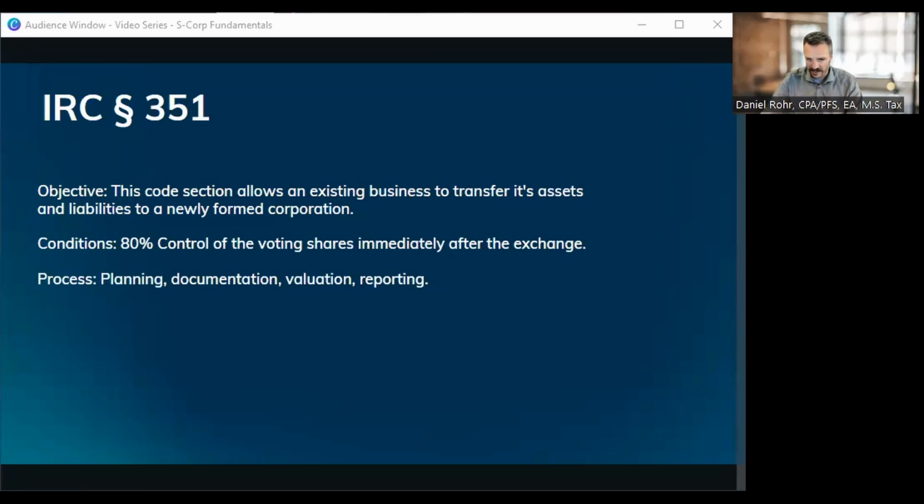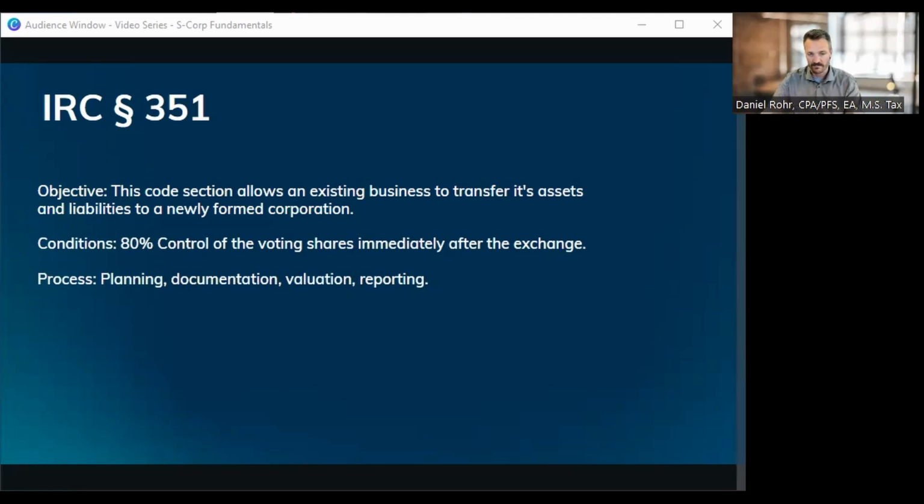And Section 351 is actually pretty complex. Its application, it's beyond the scope of this video to dive deep into the intricacies of the law. But the important takeaway is that it is available, and it's highly recommended that you work with a qualified tax professional. But briefly, the essential condition is that the transferors must control at least 80% of the corporation's voting stock immediately after the exchange.